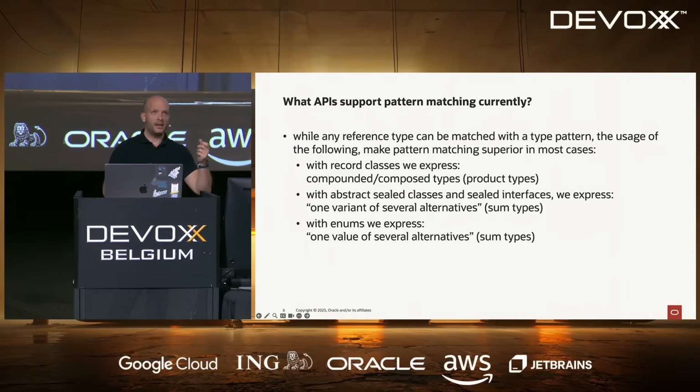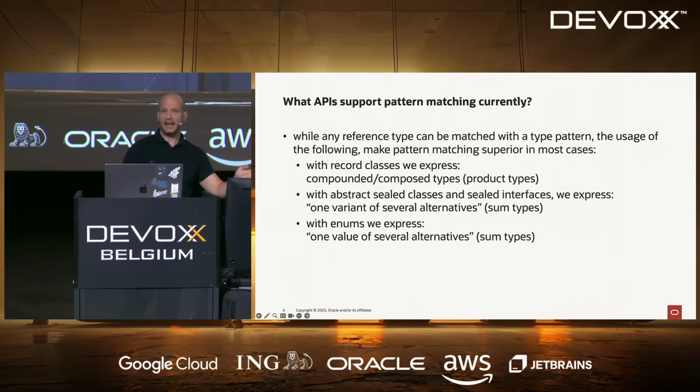So how can we integrate in the language a way that is more powerful, and more convenient to use than a visitor? So the question is, what APIs support pattern matching currently? Every reference type can be pattern matched, as I showed you before. But also, if we express our world with certain language constructs, then we can get the benefits of pattern matching.